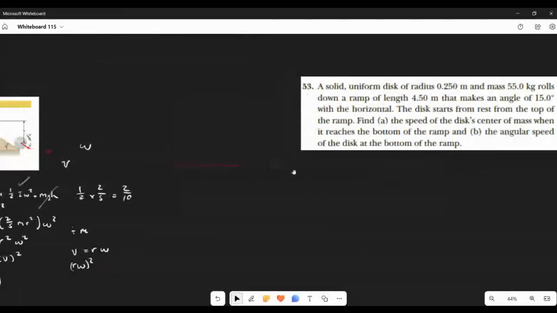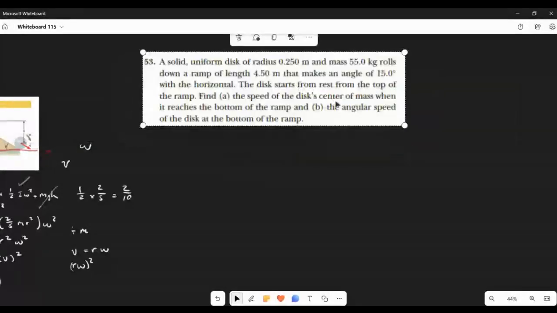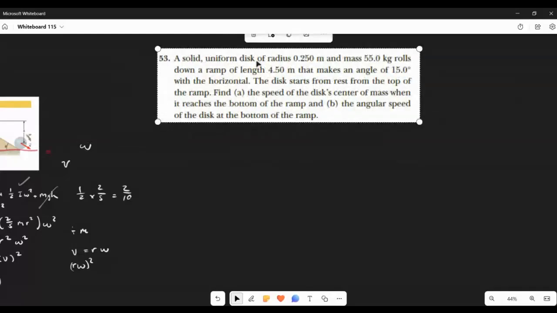So we still have a ball going down a ramp. And yeah, what they want here: you have a disk in this case, with a mass, at 15 degrees, and you've got the radius. We need the speed when it reaches the bottom of the ramp, and also the angular speed at the bottom of the ramp.